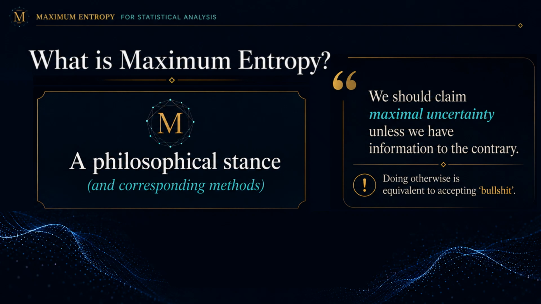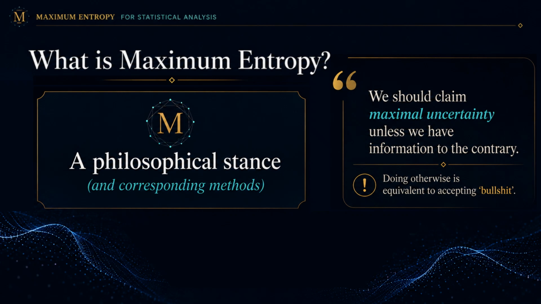Now notice that if we're doing anything else other than this, we are essentially accepting as information bullshit. I intentionally use this word as a technical term, which basically means statements without regard for truth or falsehood. Okay, so that's what I mean here by bullshit.